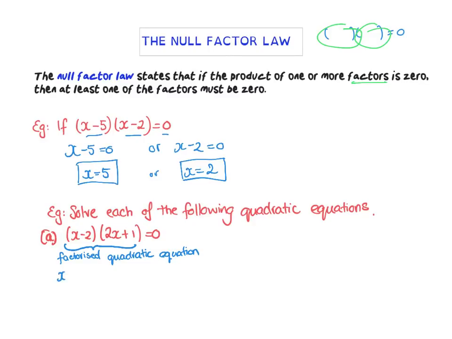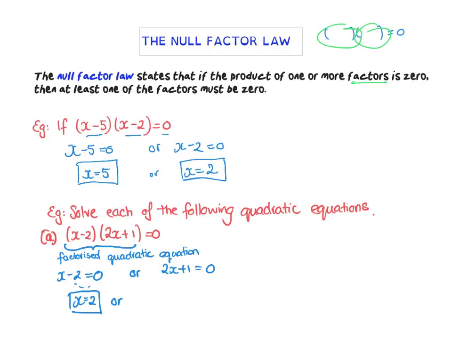We can let each factor equal 0. So I can say x minus 2 equals 0 or 2x plus 1 equals 0. And once again, we rearrange. If I bring that over, the 2 would become a positive. So there's one answer. It could be that.